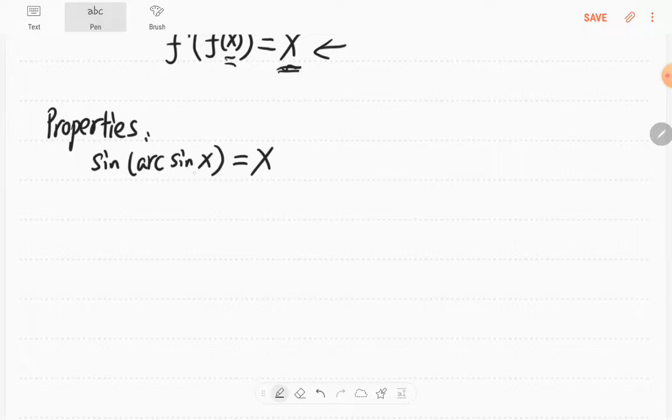That means if you take the sine value of this angle, then it's equal to the input x, right? And this x is the same x as in the arc sine, so it's between negative 1 and 1.